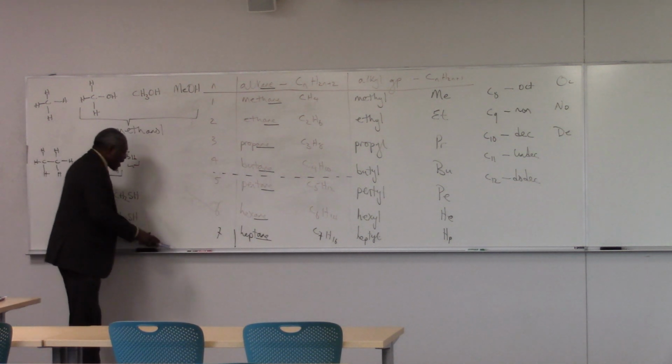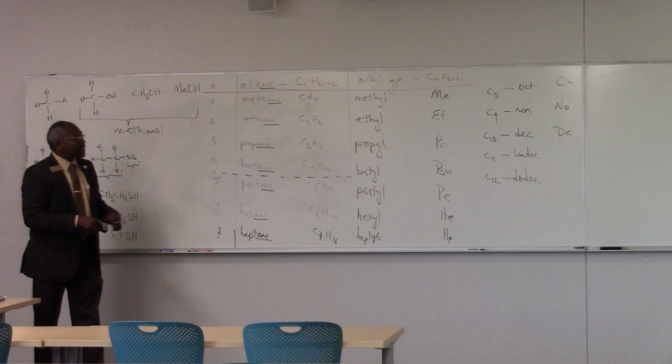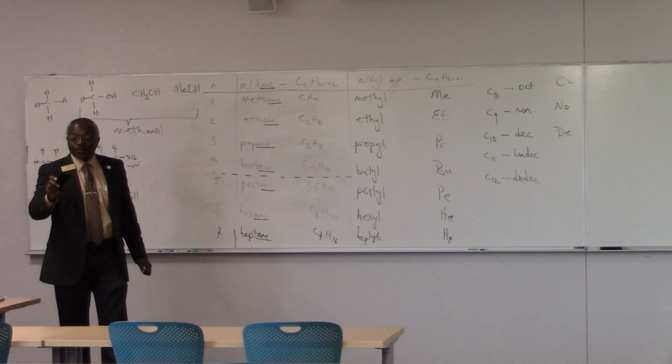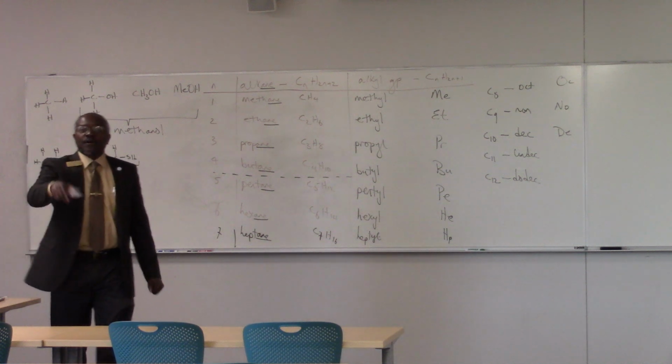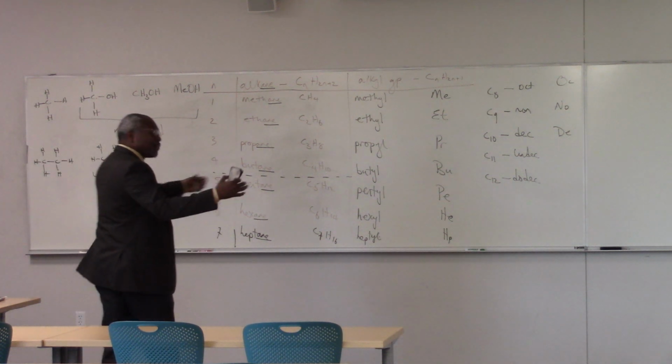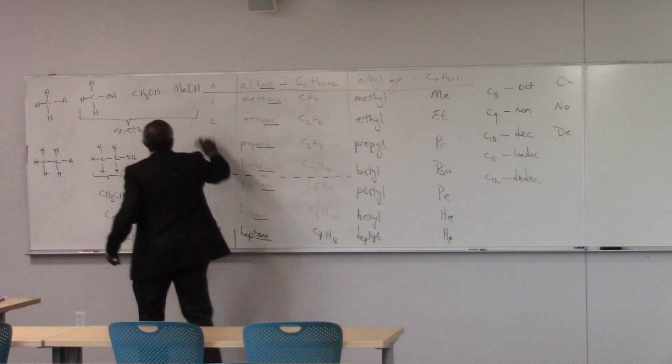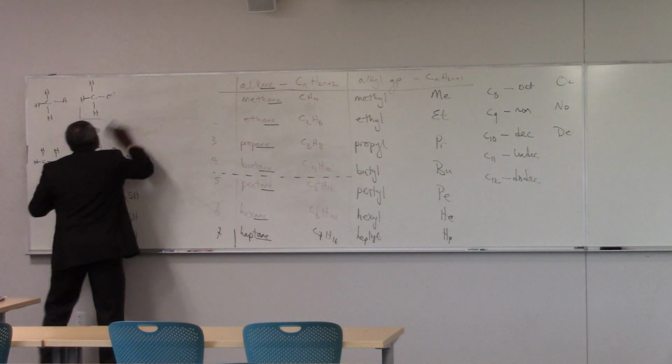All right. So now we know all of the common prefixes that we're responsible for. We know all of the functional groups. We're going to pull that together and try to name organic compounds.